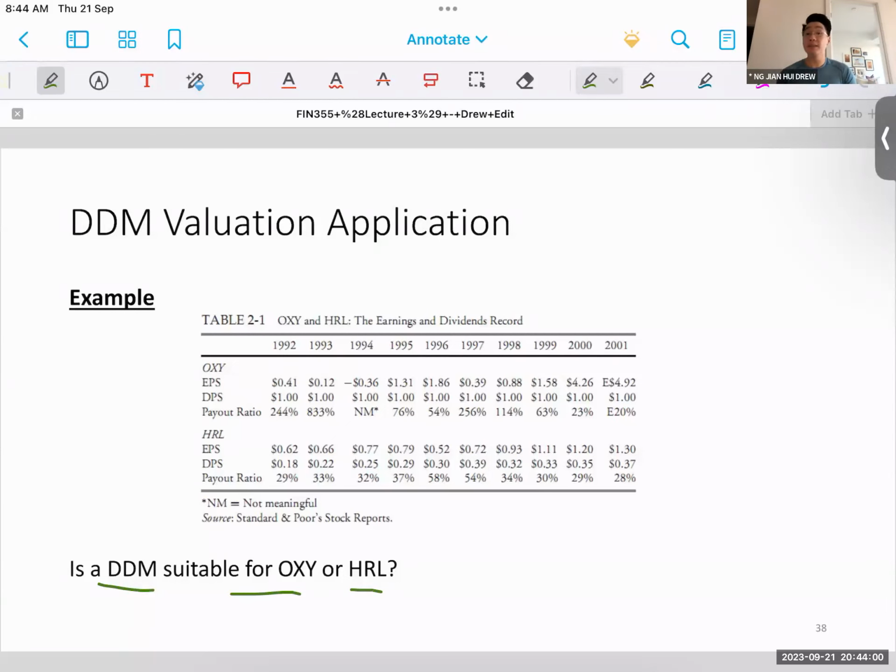Maybe they will use it simply for checks, to make sure that their FCFF valuation is somewhat close, not very close, but somewhat similar in some ways to the DDM. Of course, there are various assumptions they have to make. Somewhat close, not super different. But generally, they will not use the DDM.